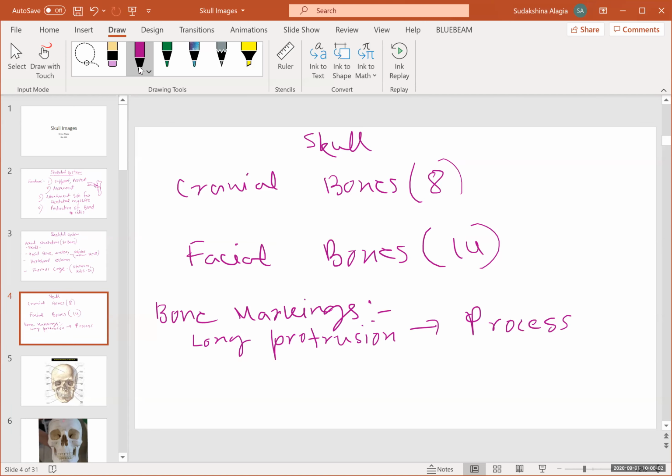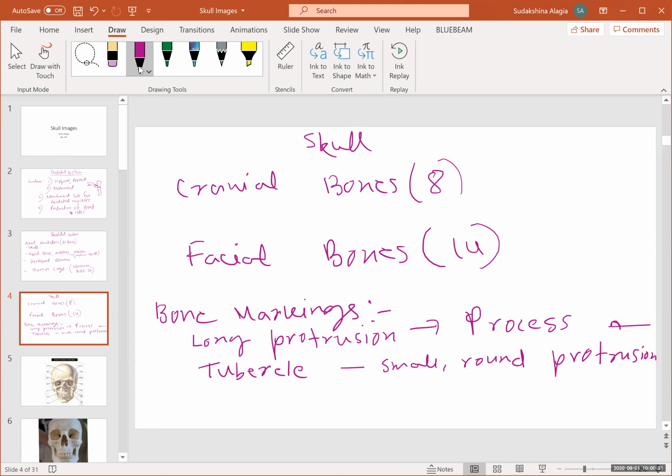We'll talk about tubercle. A tubercle is a small, oftentimes round and smooth protrusion. This is still a protrusion. It's like a knob. If there's a round, smooth, knob-like structure on the bone, you call that a tubercle.